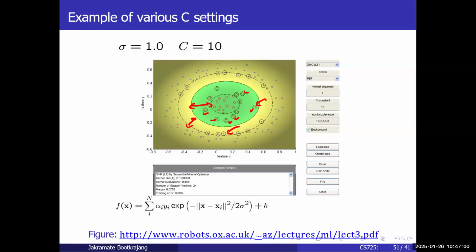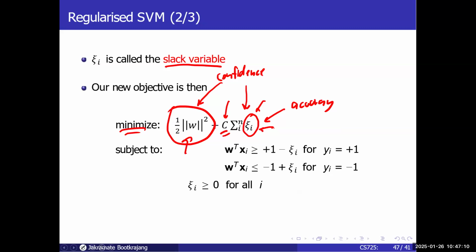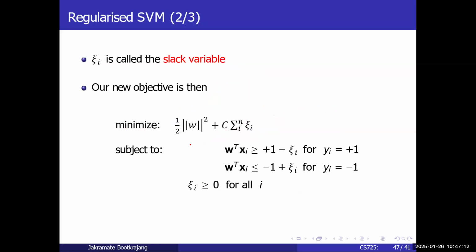So this is the basics of the support vector machine. What you get from the support vector machine is the decision boundary, the W, and you can control the performance with the coefficient C.